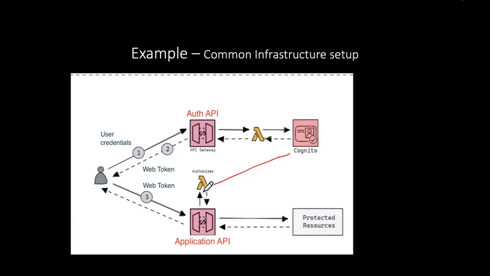And if it is a valid token, this Lambda will dynamically generate an IAM policy, and the policy will either indicate a deny or an allow access to the backend. That's how it will work.